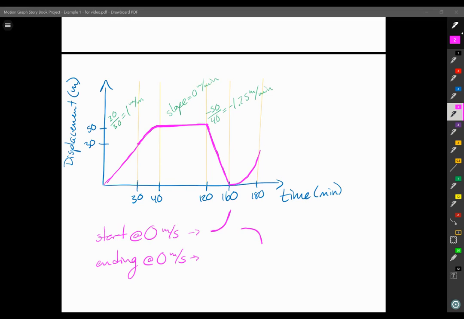So you're going to have some kind of slope. It could look like what I have on my graph, and then the end is going to be flat. Or it could be something like that. Either way, it ends flat. Whichever side it starts at 0 or ends at 0, that part is going to be the flat side.